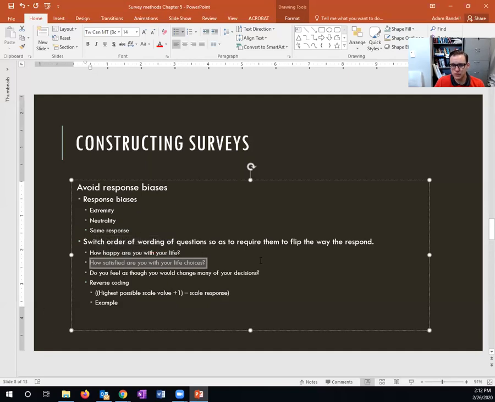then their answers to both of these questions are going to be consistent. If they give me a 7 on this one and a 6 on this one, both of those indicate being fairly satisfied. But if we look at this question here, do you feel as though you would change many of your decisions? Well, if they give me a 6 on that, that's telling me that they regret a lot of their decisions, which is also a simpler way to write that question.